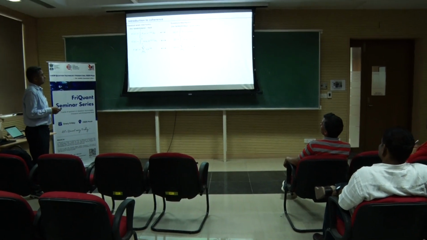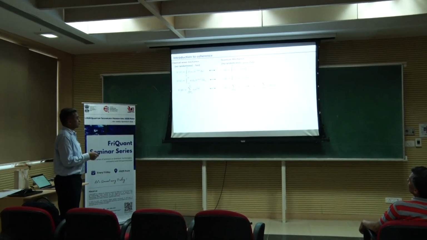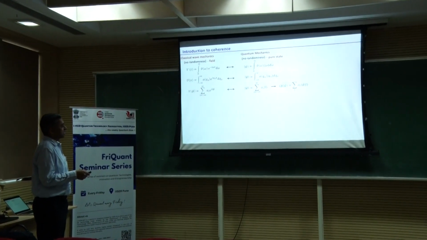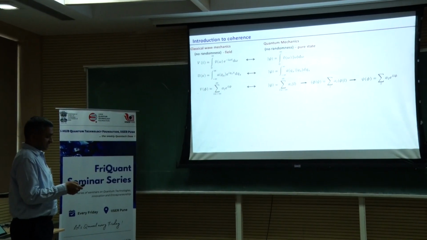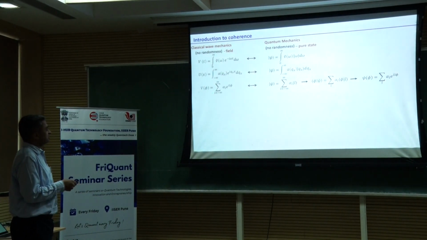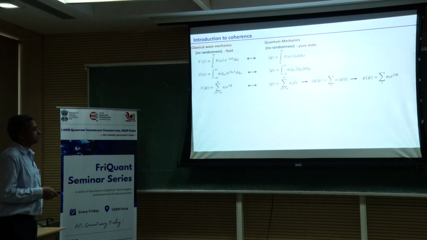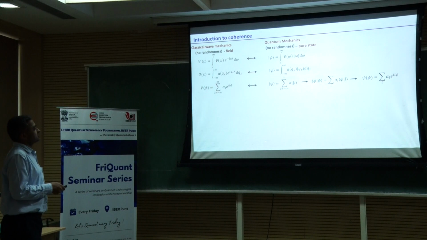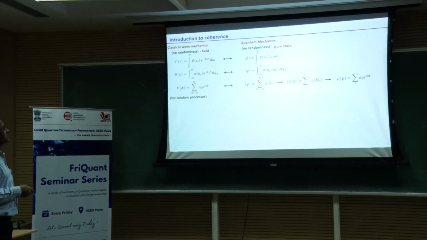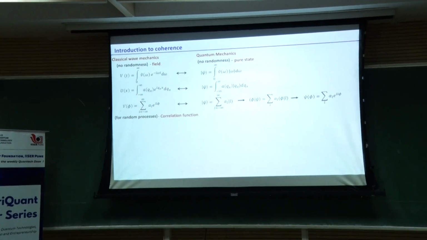So here, maybe you don't identify these completely, but if I take a projection of the state on the phi basis, then we write it as the wave function in phi, and that has this structure. Now you can see the classical amplitude of the wave function. They're pretty much the same mathematical structure. So that's when there's no external randomness. But when there is randomness, in classical you cannot talk about the field, you then talk about the correlation function.